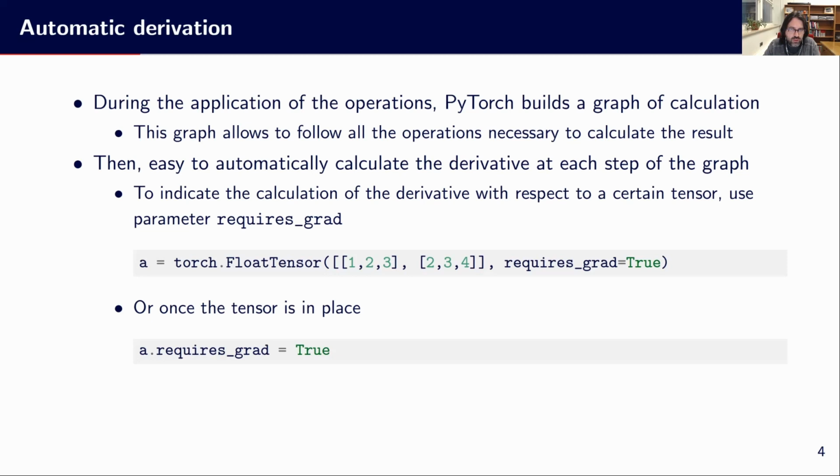So we only need to indicate, when we are building up the tensors, whether or not the calculation of the derivative with a certain tensor is required. We can also set that once a tensor is in place, as a tensor where we want to compute the gradients.